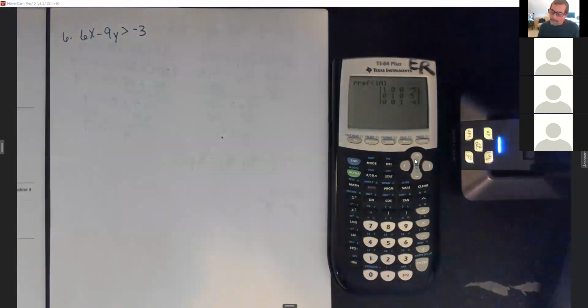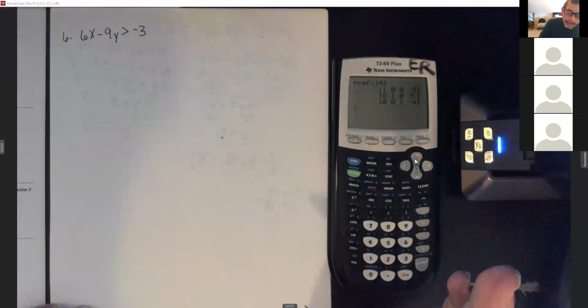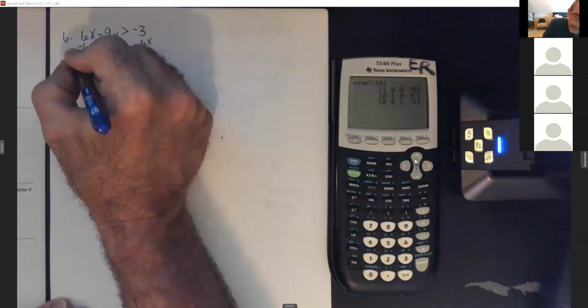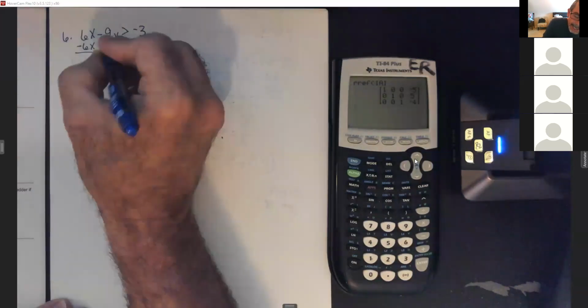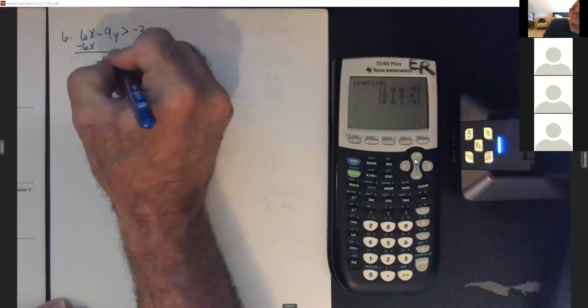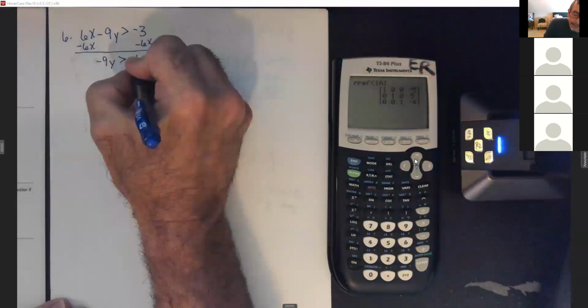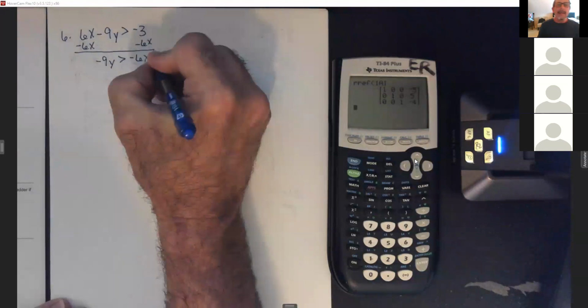So we're going to solve it, and then I'll have the calculator graph it for us. So to solve this, I need to get the -6x to both sides. So that's going to give me -9y is greater. And I'm just going to put them in order. I'm going to put my x's first and then my -3.